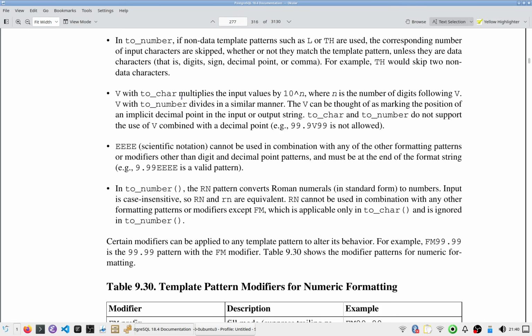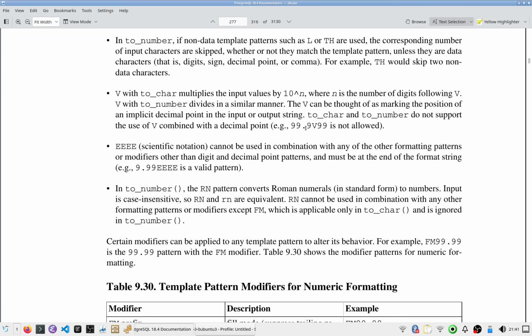V with to_char multiplies the input values by 10 to the power n, where n is the number of digits following V. V with to_number divides in a similar manner. The V can be thought of as marking the position of an implicit decimal point in the input or output string. to_char and to_number do not support the use of V combined with a decimal point.